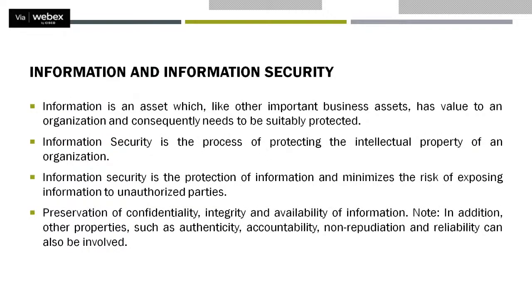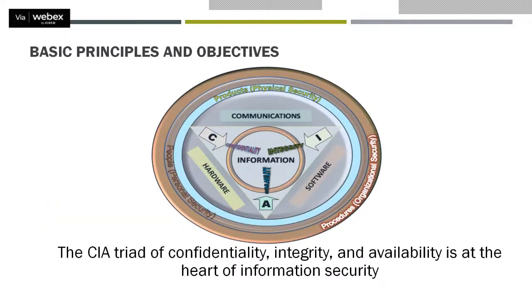So we talked about information and information security. The major information security objectives are confidentiality, integrity, authentication, and availability of the particular system. Whenever an organization has to run a particular business, it has to comply with various security aspects.